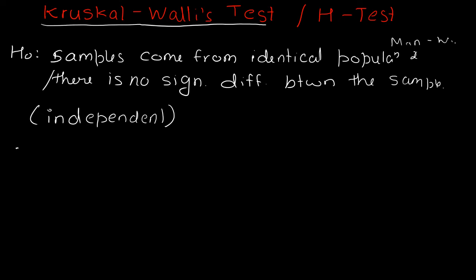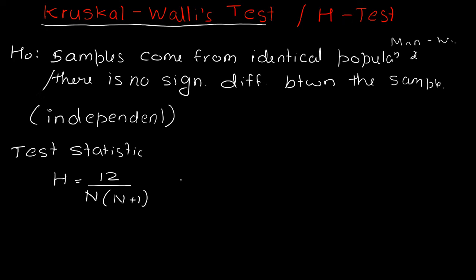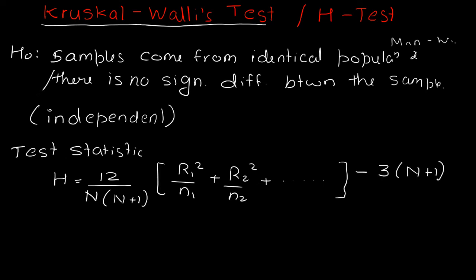So the test statistic is given by H equals 12 upon capital N into N plus 1, I will explain what this capital N is, times R1 square upon N1 plus R2 square upon N2 plus, it goes on till however many samples there are, minus 3 into N plus 1.